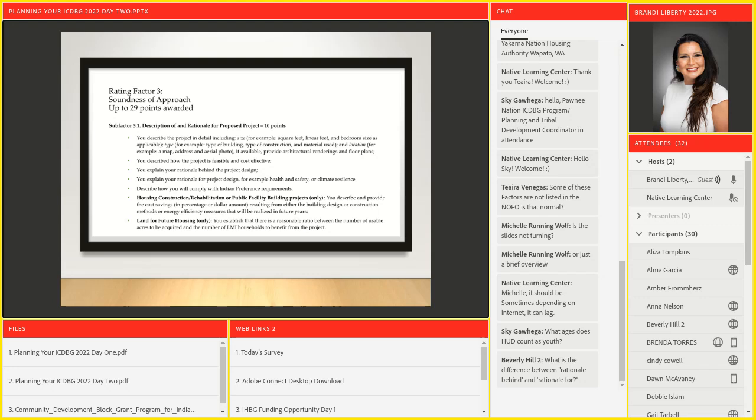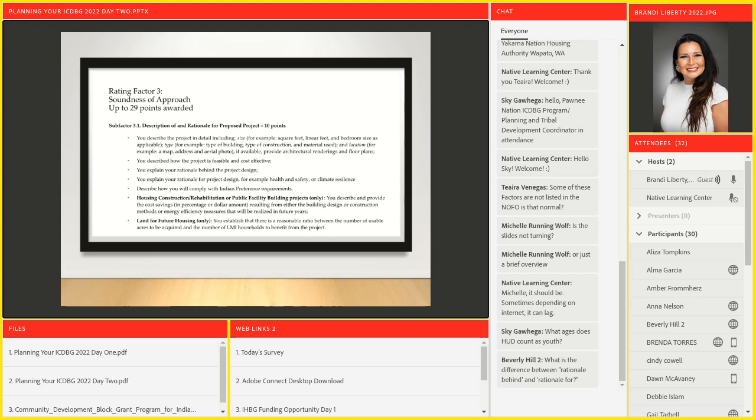To me, I know when I've written these applications, typically that second bullet point there, as far as talking about examples of health and safety and or climate resilience, fell into the bullet point above that. So I'm not quite sure why they separated that out, other than the fact that climate resilience is now part of this, and they want to ensure that you're explaining that in the design and the architectural design of your project there.